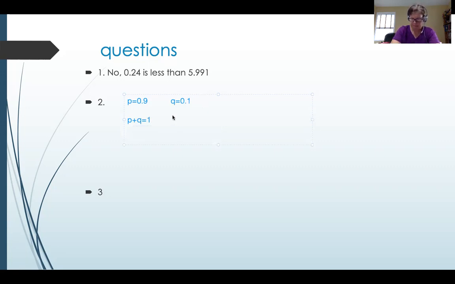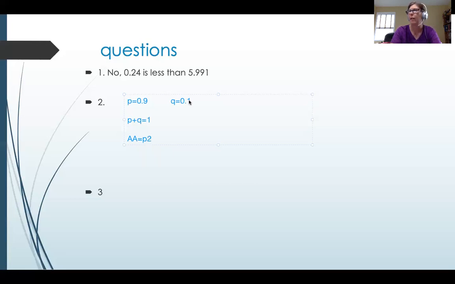Now, the next thing it asks is the frequency of the recessive allele. Well, I did that one. That's my Q right there. What are the frequencies of the homozygous dominant? That's big A, big A, which is the same as P squared.